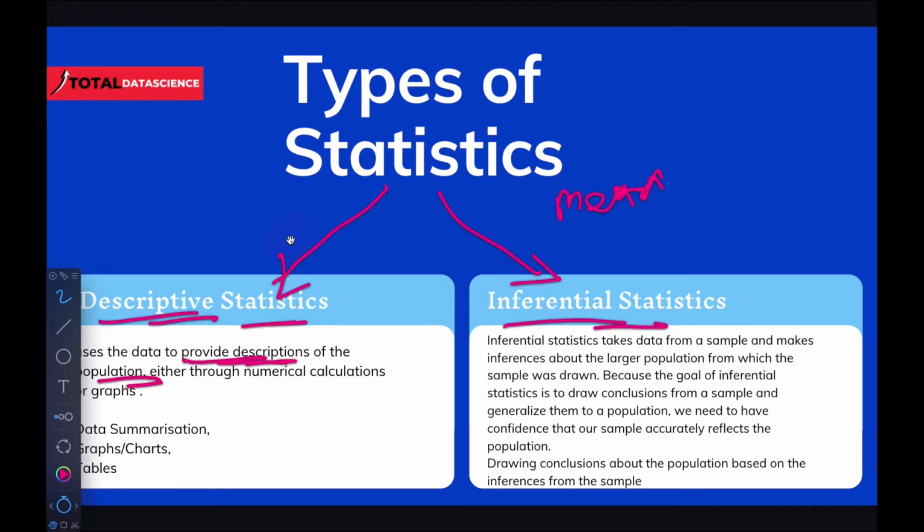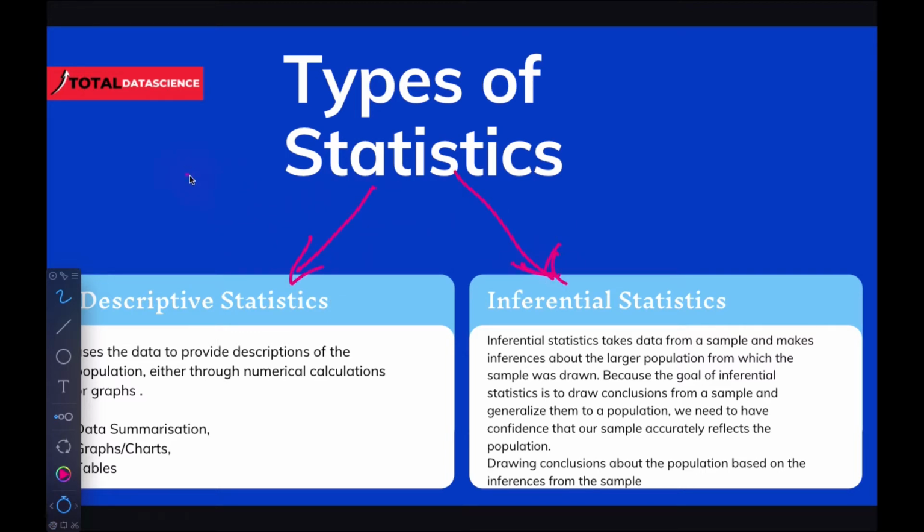I deleted this, so let me bring it back. Now, if you want to see the mean of the data, you're providing some sort of description. You just want some description, so that becomes descriptive. Or maybe what kind of age group appears the most.